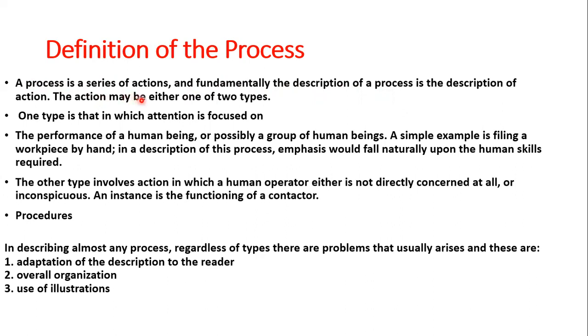The action may be of two types. One type is that in which attention is focused on the performance of a human being or possibly a group of human beings. A simple example is filing a work piece by hand. In a description of this process, emphasis would fall naturally upon the human skills required.